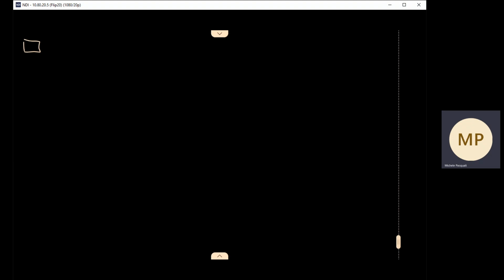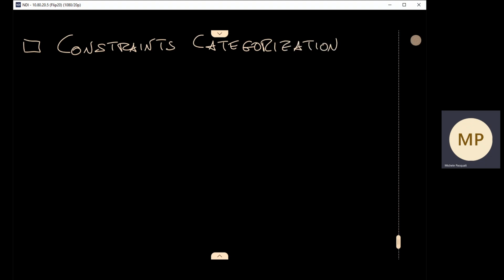Okay, so the topic of today's lecture is constraint categorization. So the first type of constraint that we're going to analyze are the so-called holonomic constraints.